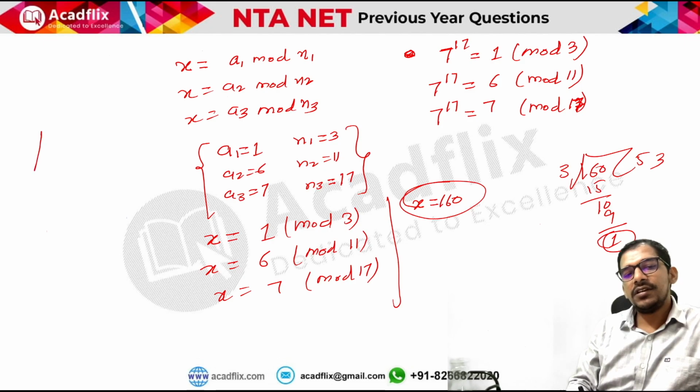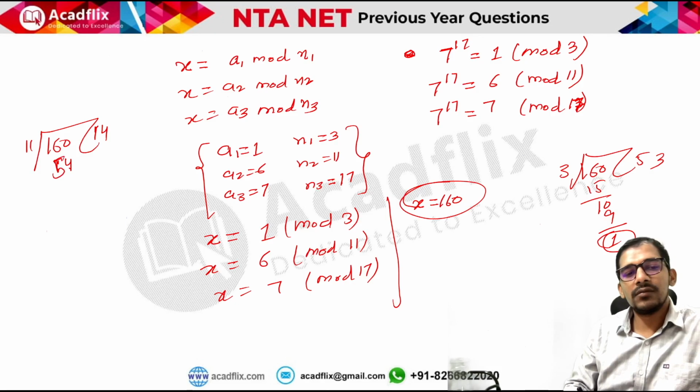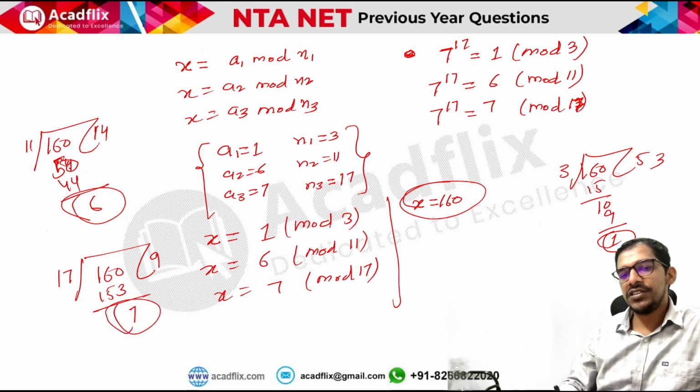If you divide 160 by 11, you get the remainder 6, right? And if you divide 160 by 17, you will get the remainder 7. So 160 is the right answer.